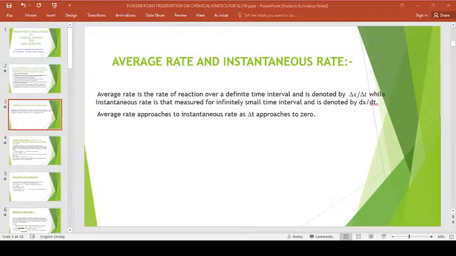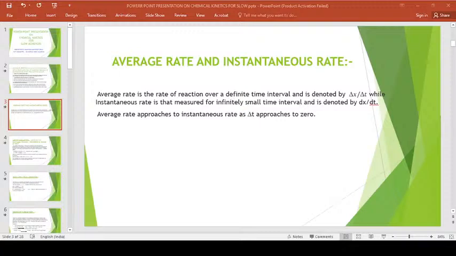Applying this law of mass action, the rate will be directly proportional to K, a constant called specific rate constant, into the molar concentration of A, denoted by A enclosed in square brackets, into the molar concentration of B, that is B enclosed in square brackets. That is, rate equals K times concentration of A times concentration of B.